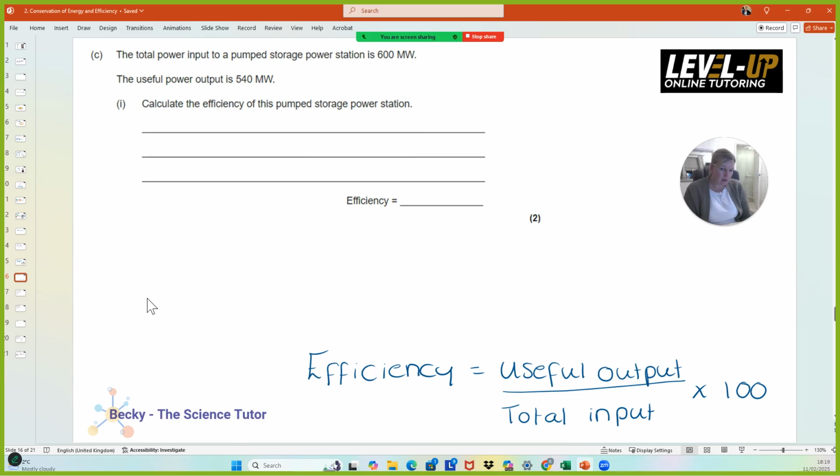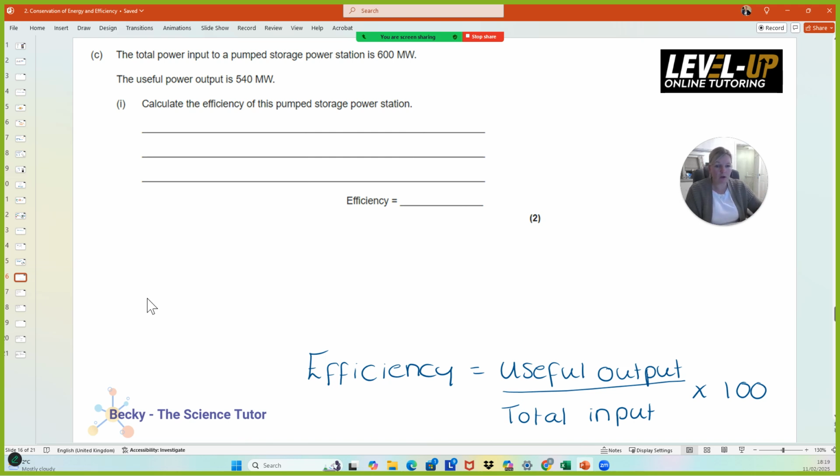Now here we've got total input into a pumped storage power station. Don't worry what it is, or if it's in watts or joules. One thing we need to do is make sure that the units are the same. It tells us that the total power input is 600 megawatts and the useful output is 540 megawatts. Because they're both megawatts, we can go ahead with the calculation.